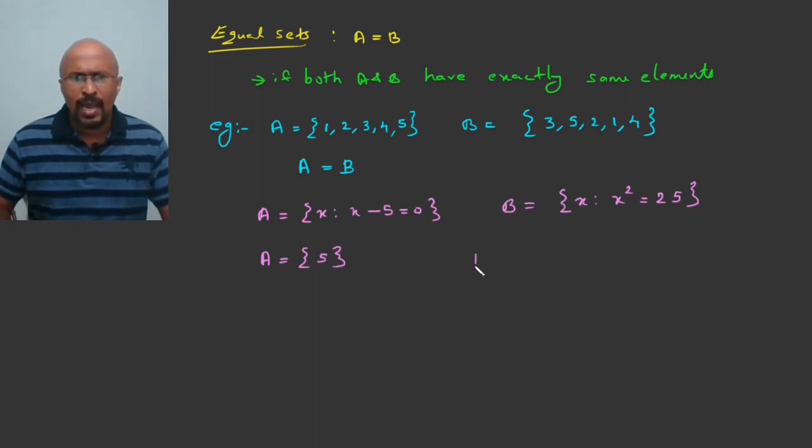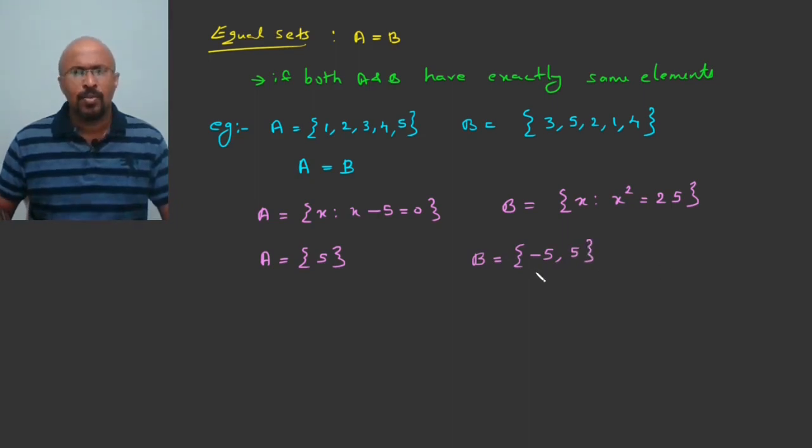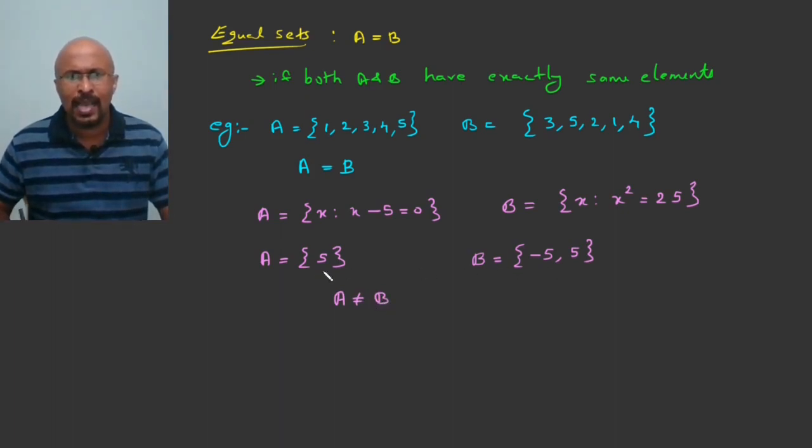And what are the elements in set B? We can write it as minus 5 and 5, because we know the square of minus 5 and 5 is 25. So, we got A is equal to {5} and B is equal to {minus 5, 5}. So, A is not equal to B because these two do not have exactly the same elements.